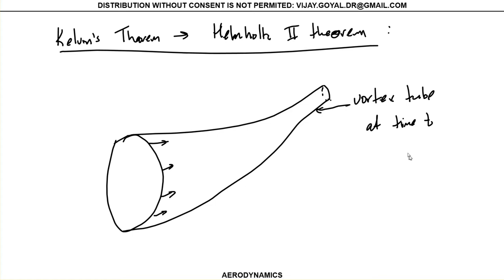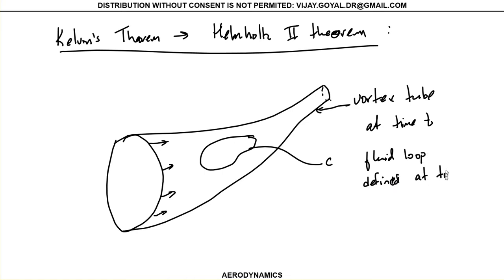So what I can do is define a fluid loop at time t on the surface of this tube. I'm going to define this loop, and let's call it loop C. So this is a fluid loop defined at time t on the surface of the tube.